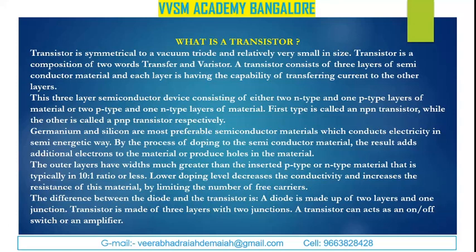Well friends, the difference between the diode and the transistor is that a diode is made up of two layers and one junction. A transistor is made up of three layers with two junctions. A transistor can act as an on or off switch or an amplifier.